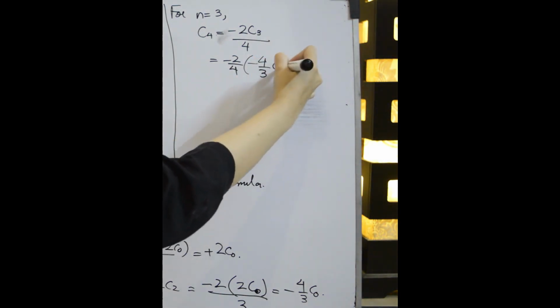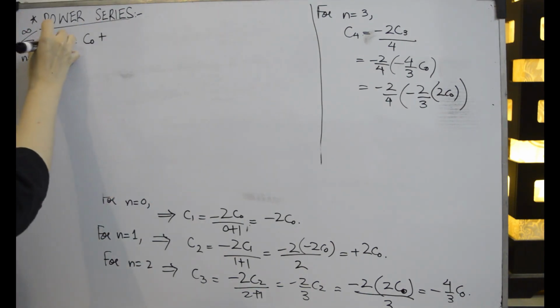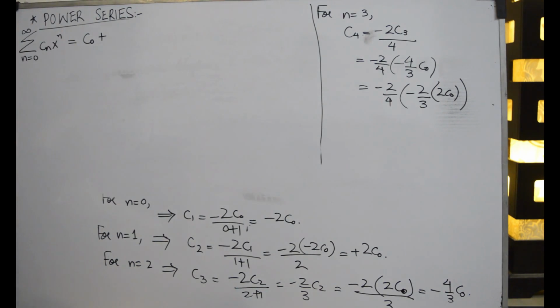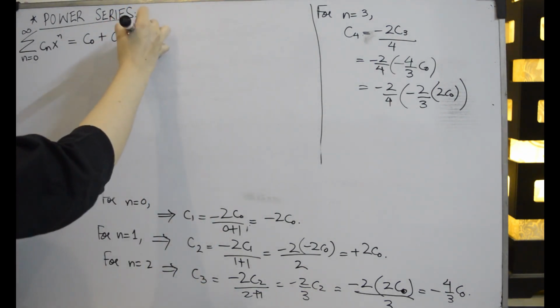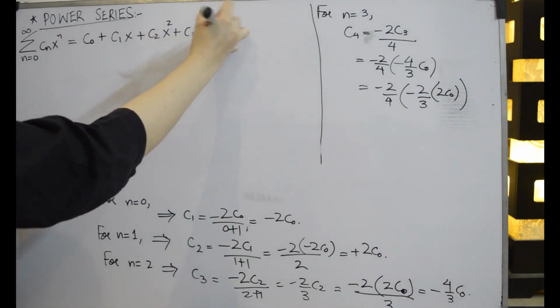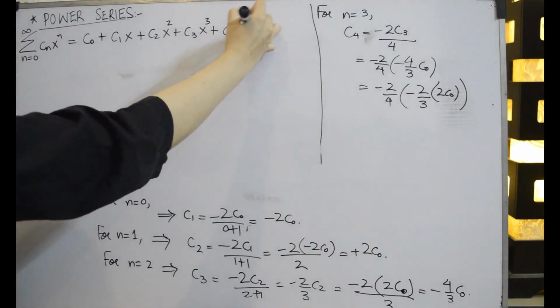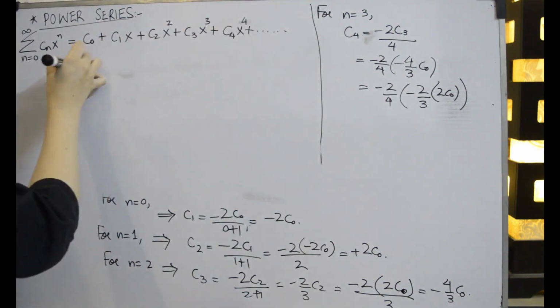So the sum from 0 to infinity of Cn x to the power n: first term is C0. Second term is C1 into x plus C2 into x square plus C3 into x cube plus C4 into x to the power 4, and so on.